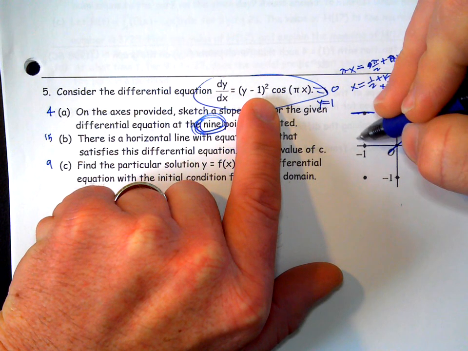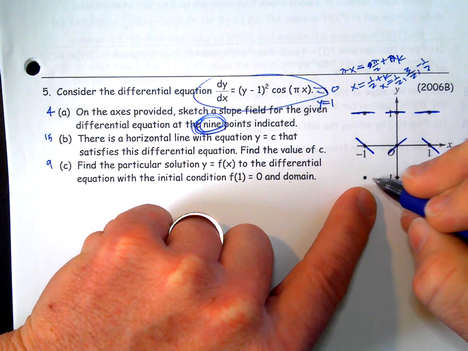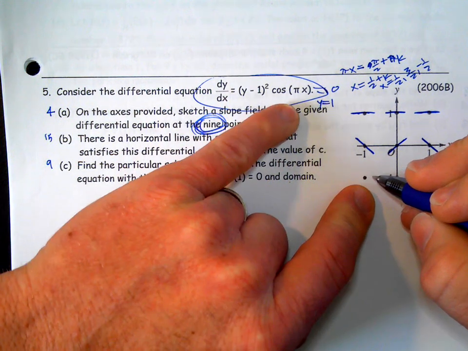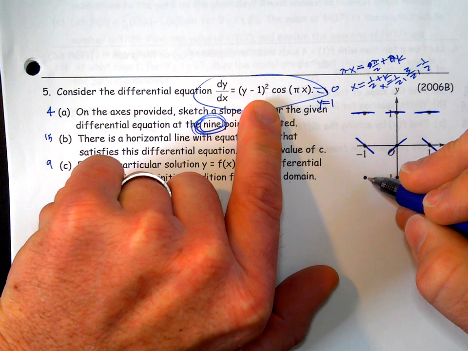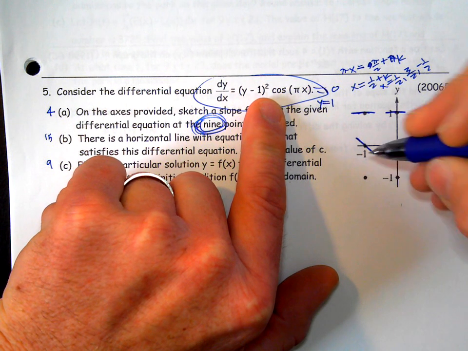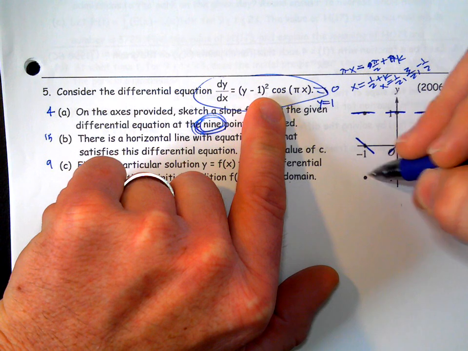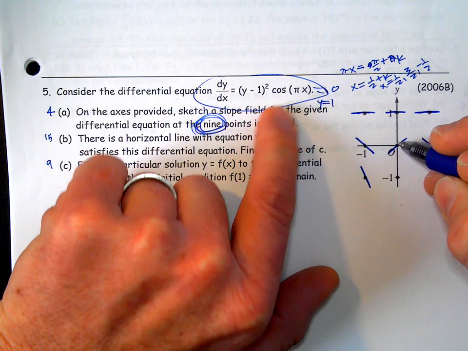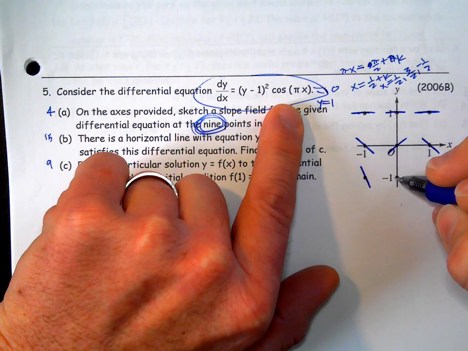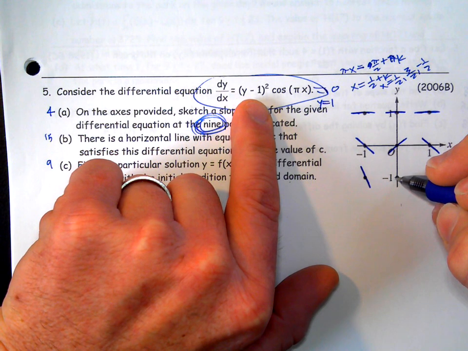So that's negative 1. And then at (negative 1, negative 1), cosine of negative pi is negative 1, and this is going to be negative 1 minus 1, which is negative 2, squared is 4. So it's going to be negative 4. That's going to be quite a bit steeper, negative. And then at (0, negative 1), cosine 0 is 1, y is negative 1, negative 2 squared is positive 4.